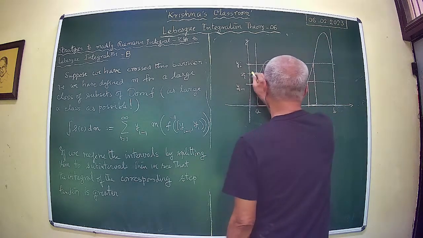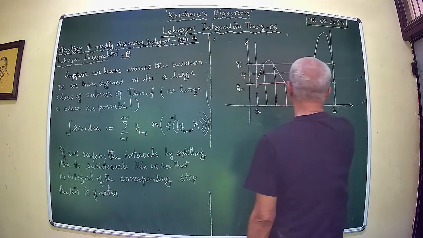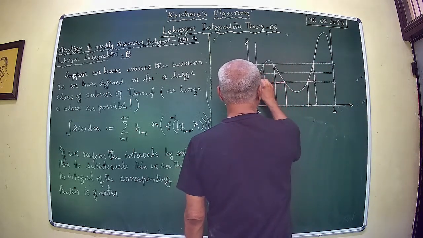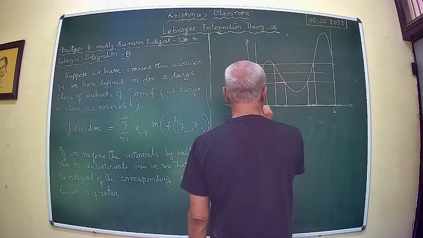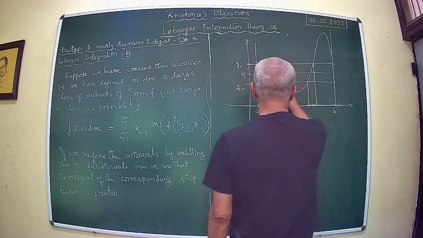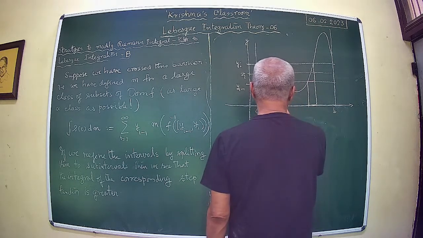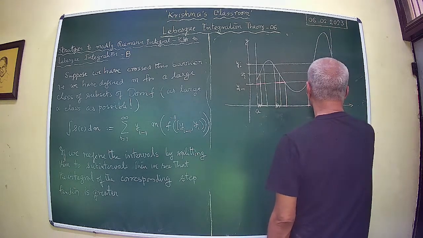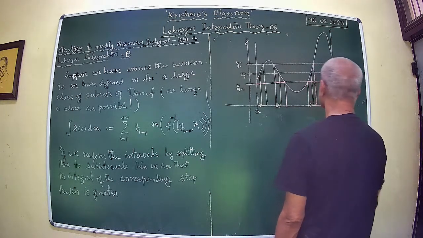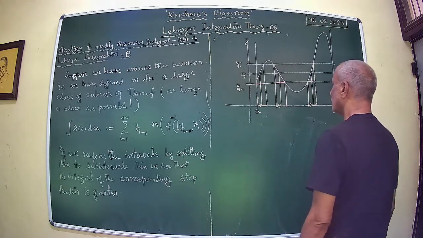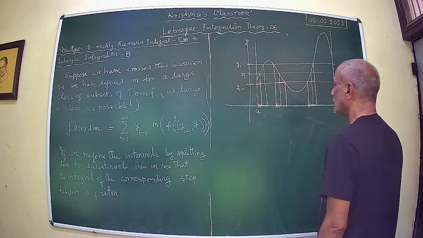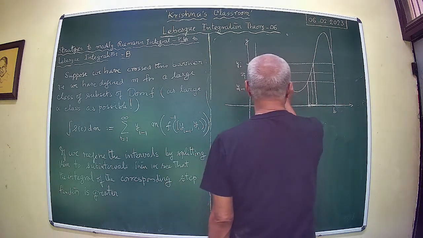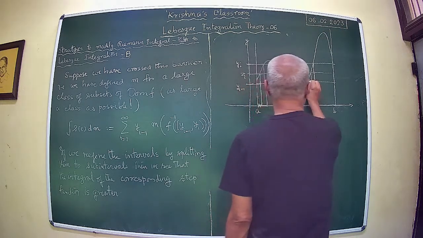So you see this is the line I have to draw. Now you see this part, where you define the function approximation by the same quantity.